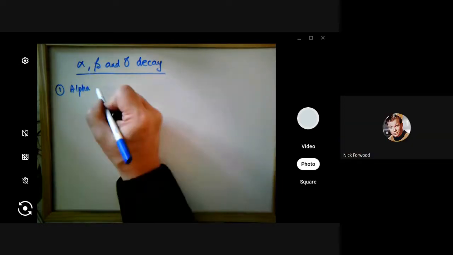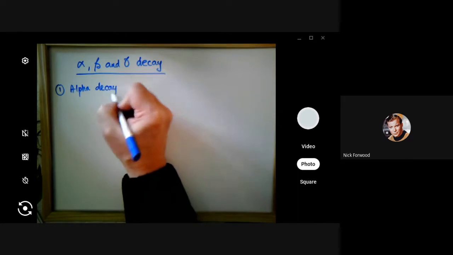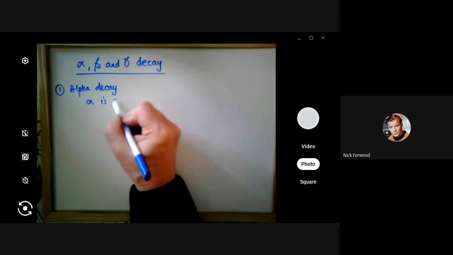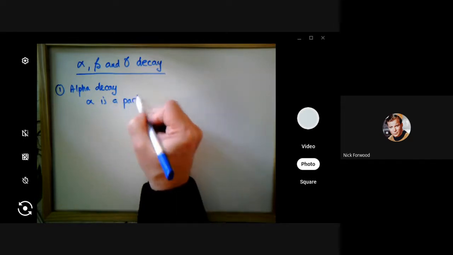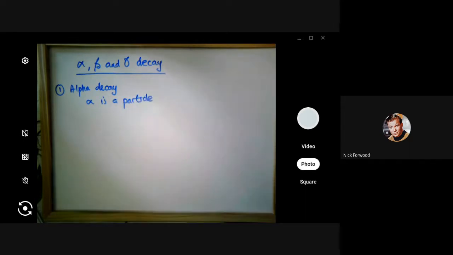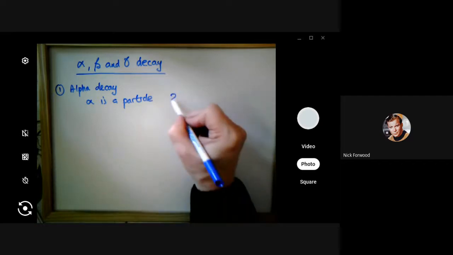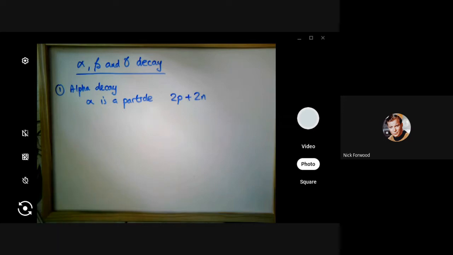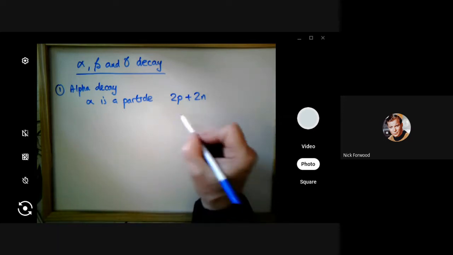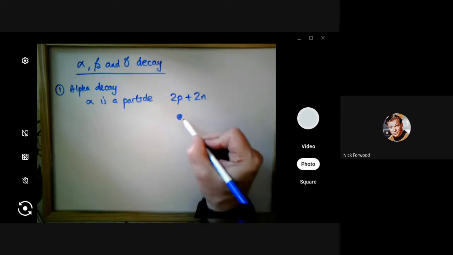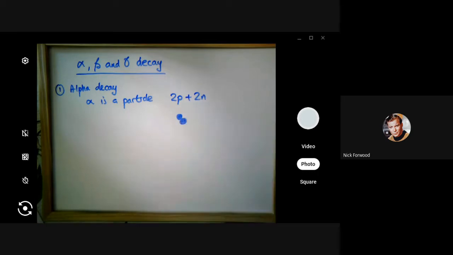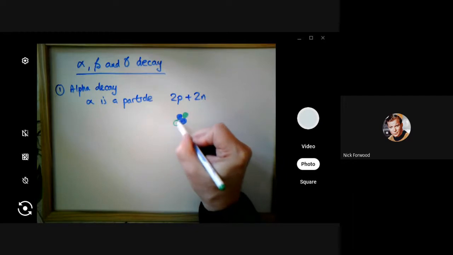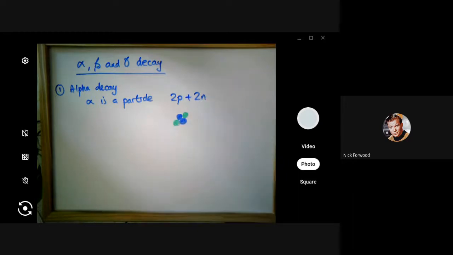So alpha decay. Revision tells us that alpha is a particle, and it's made up of 2 protons and 2 neutrons. So if you had to draw one, which you wouldn't have to, but if you had to, we'd have 2 protons and we'd have 2 neutrons. And where would that alpha particle come from?